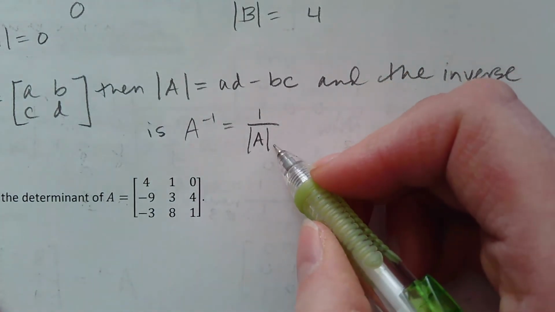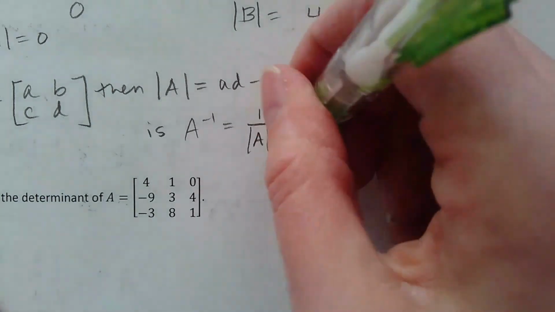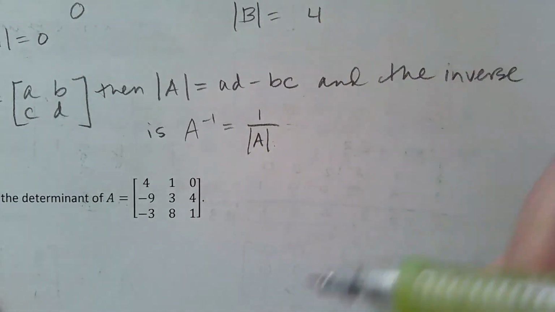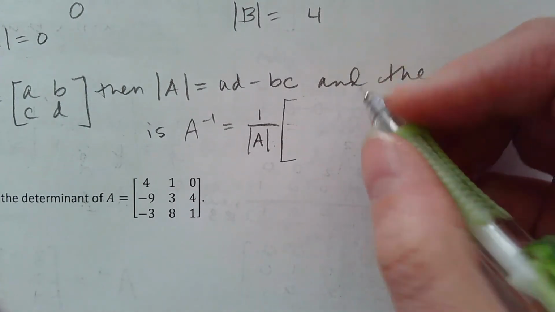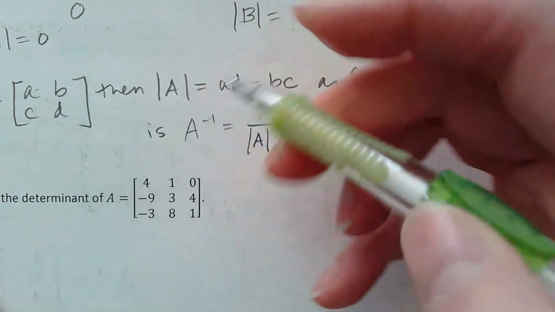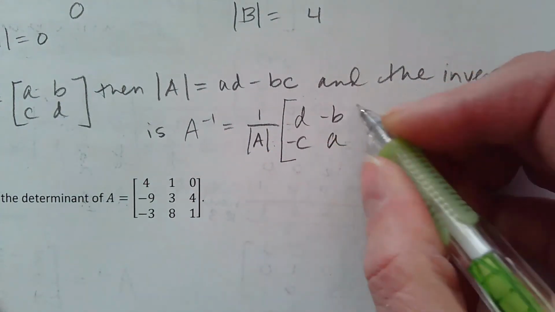So you can tell, like, that's why it doesn't work for that first one, because our determinant is 0. 1 over 0 is bad in math, right? Times, and this is going to be scalar multiplication times, we take our original matrix and we swap on this diagonal. So it's going to be DA instead. And then this is now a -B and a -C.